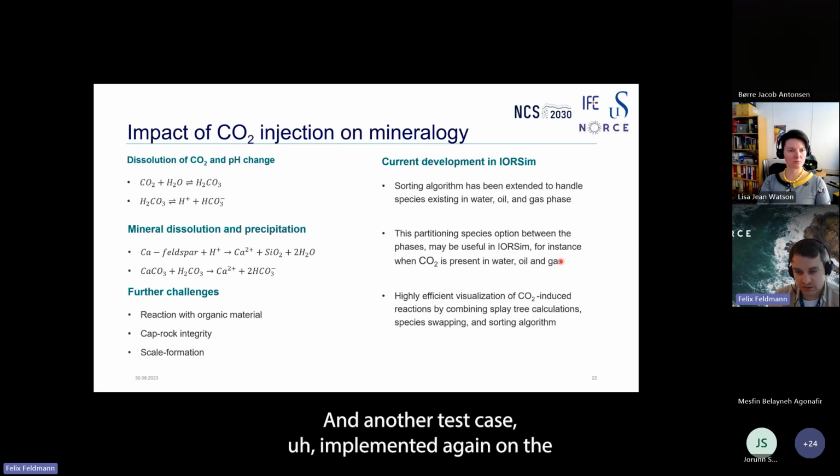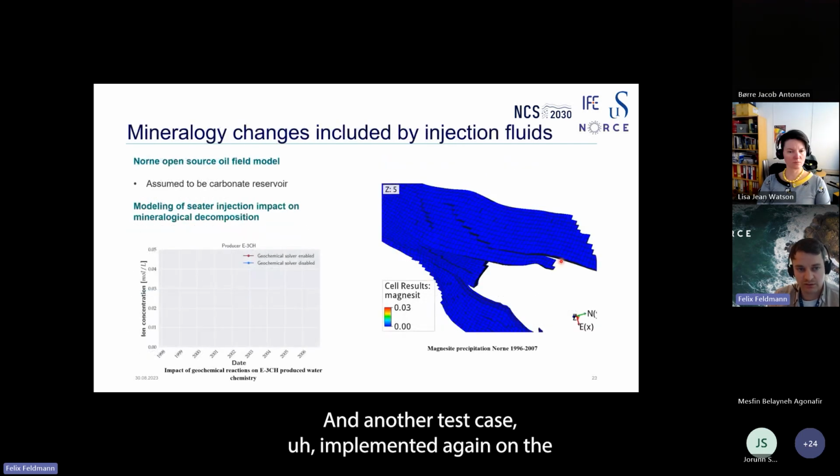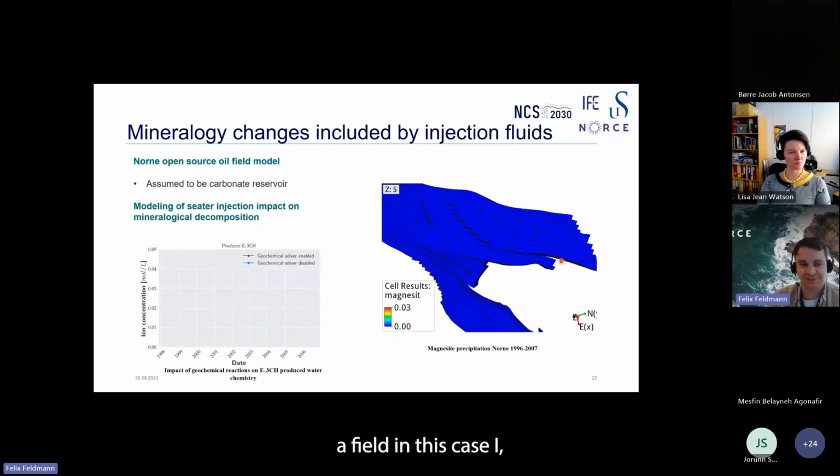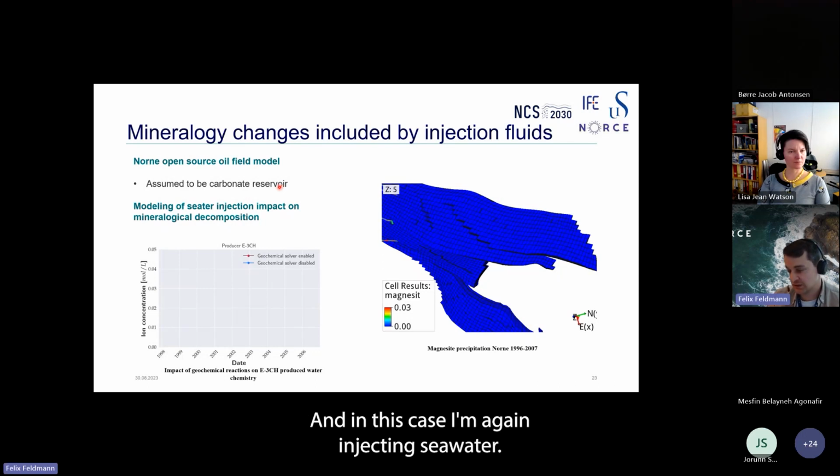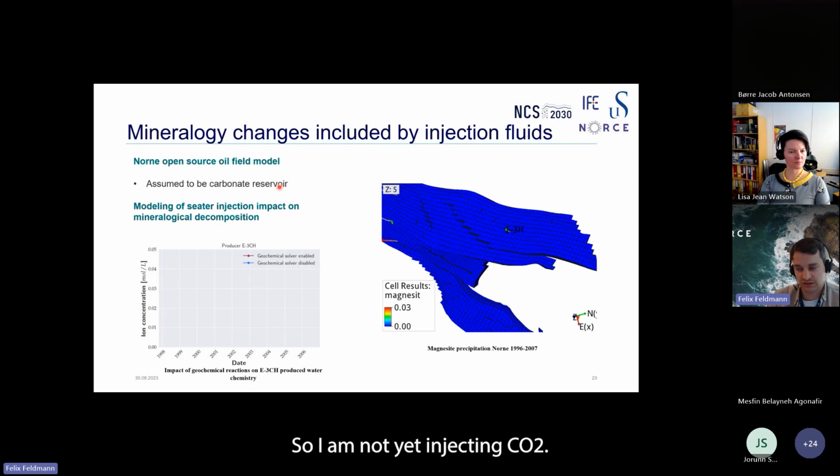And here is another test case, implemented again on the NORCE field. I know it's a sandstone reservoir, but let's just assume it's now a carbonate reservoir, a calcite reservoir. And in this case, I'm again injecting seawater, so I'm not yet injecting CO2.